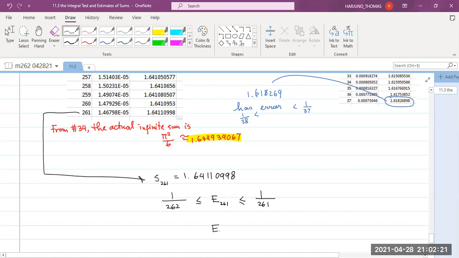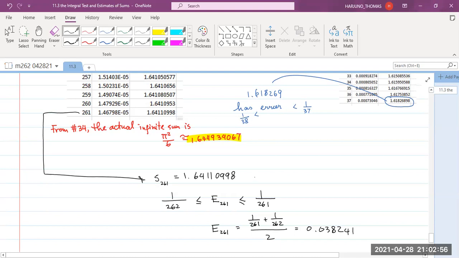If I take the midpoint of this error, I set the error to be that, the error will be 0.003841.